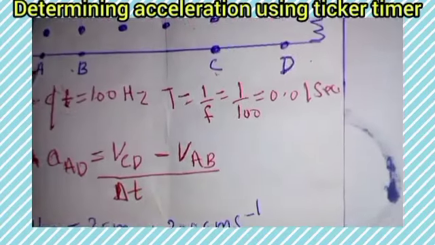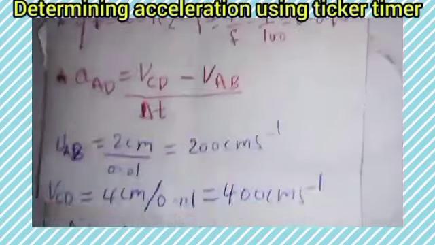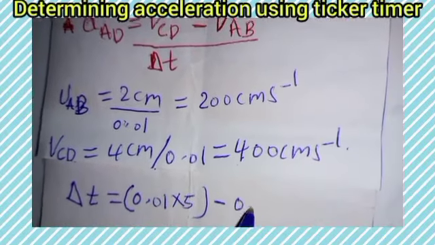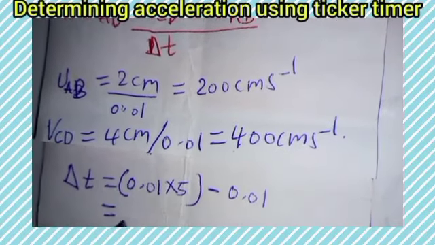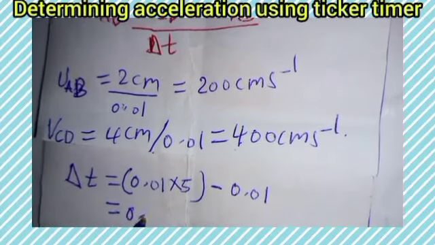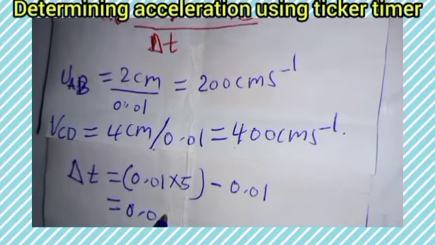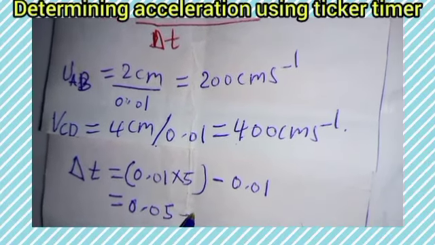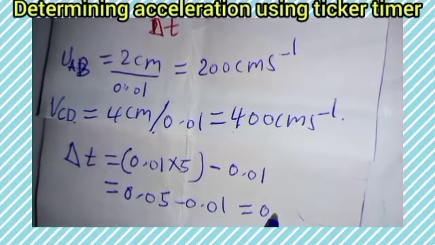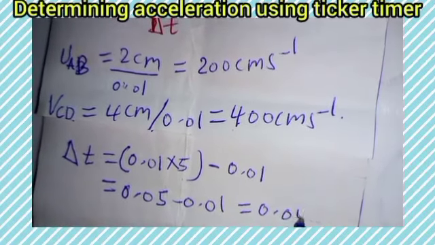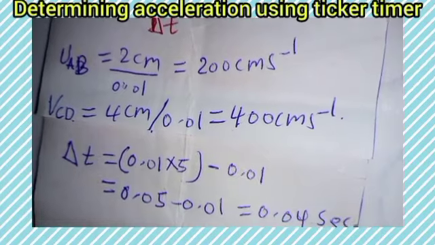Initial time here is 0.01. This will give you 0.05 minus 0.01, which is equal to 0.04 seconds. That is our change in time.